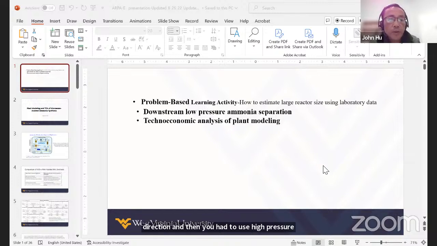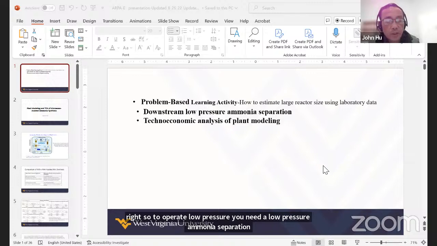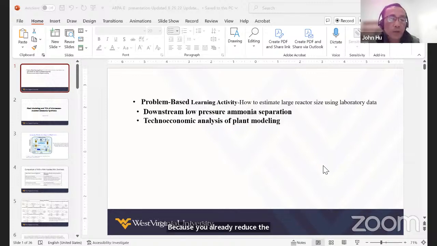By using new technology like microwave, plasma, or chemical looping, we are able to operate at low pressure. To operate at low pressure, you need a low pressure ammonia separation because you already reduced the reaction pressure. You don't have to go back to the cryogenic high pressure condenser. So we have to discuss what the low pressure ammonia separation options are.